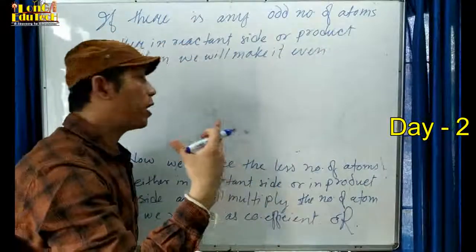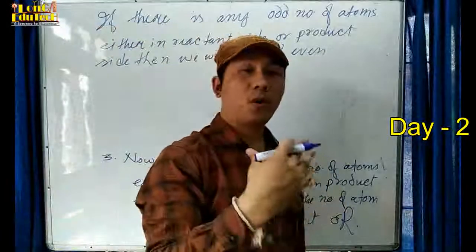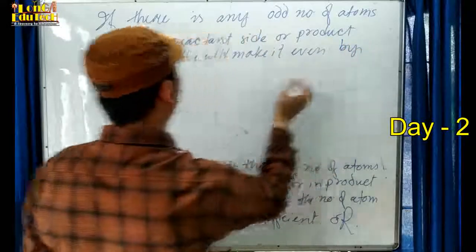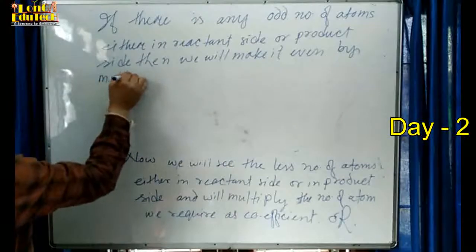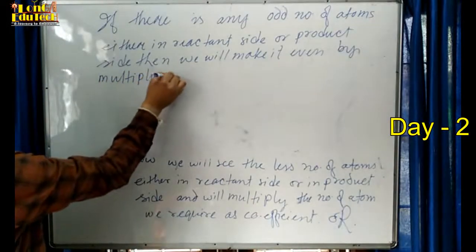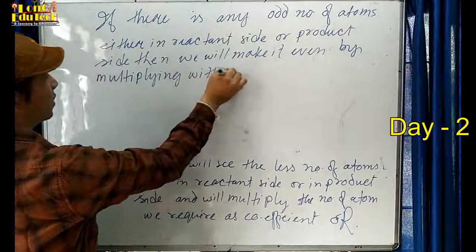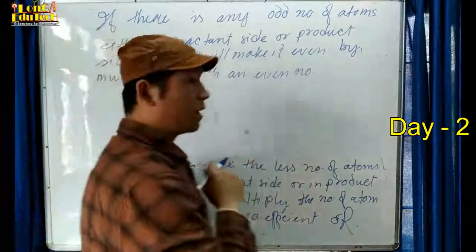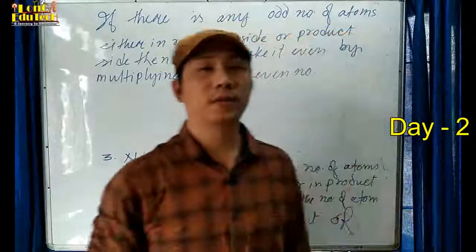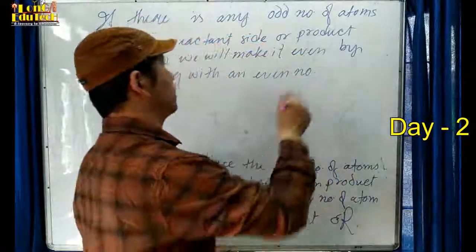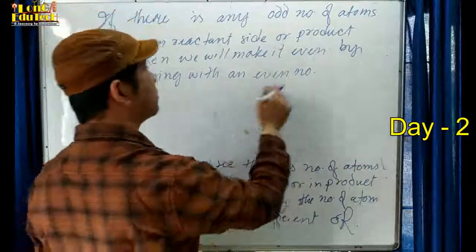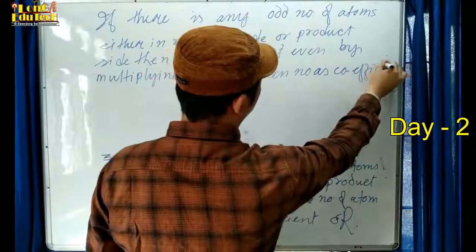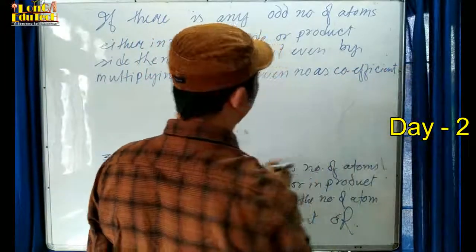First of all, we have to convert the odd number of atoms into an even number. How? By multiplying with an even number as a coefficient. As a coefficient we will multiply.